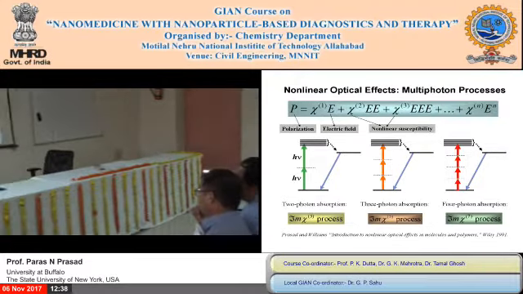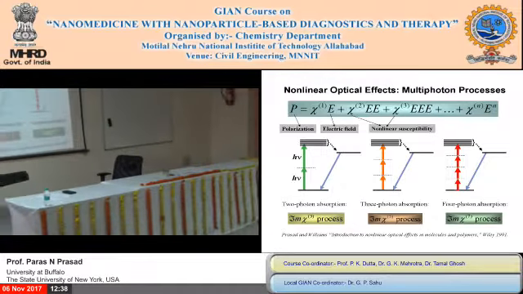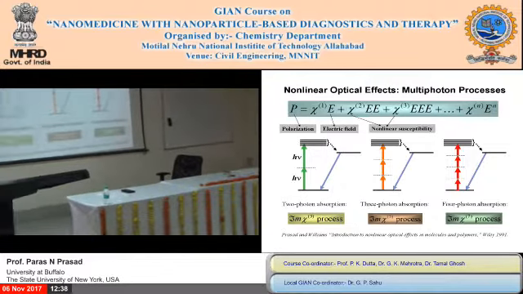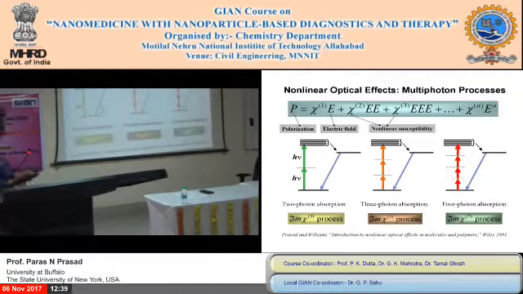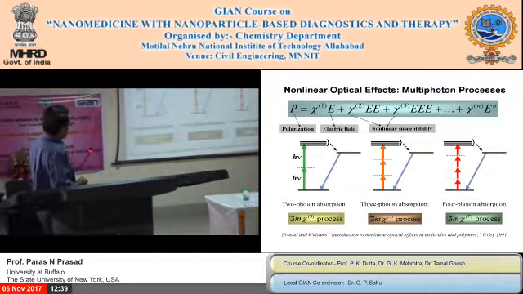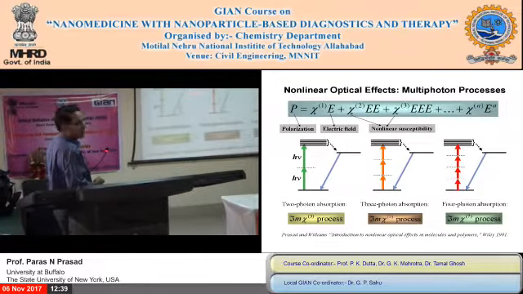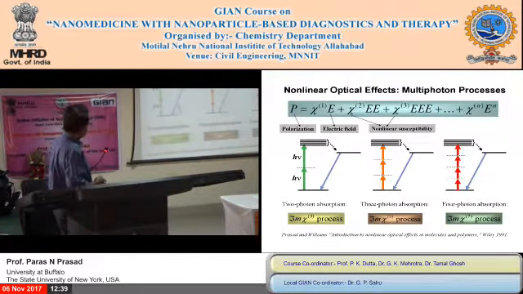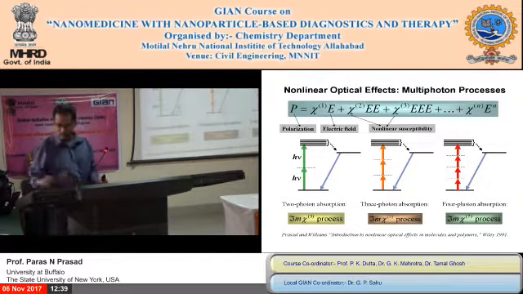So this is a very important nonlinear optical effect that we will see. 3-photon is less common because you need even stronger intensity to do this effect. It's a higher order effect, more dependent on the field.